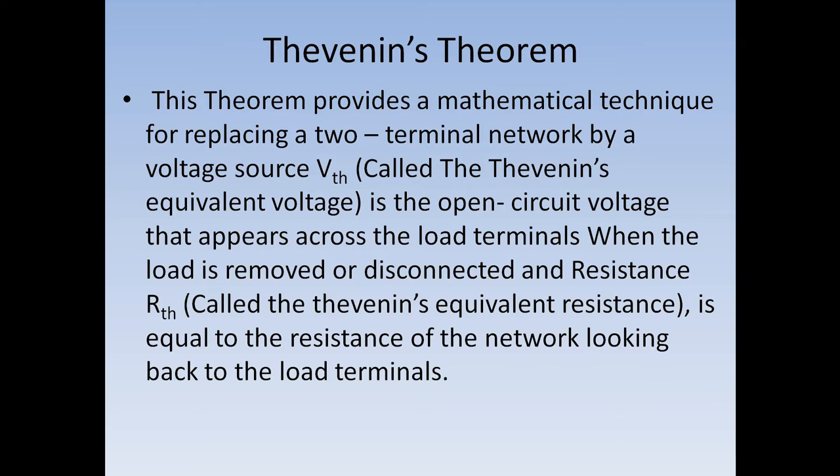We'll draw the circuit so that your confusion is cleared. The Thevenin theorem states that a circuit has a voltage source VTH, that is the voltage across the load terminal when it is disconnected. When the load is disconnected from the circuit, it is denoted by VTH.